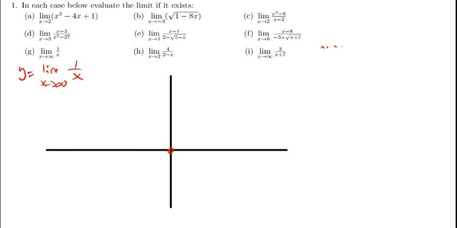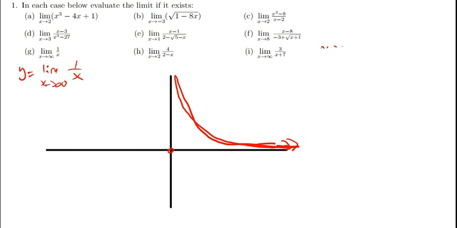Okay, so when we're talking about positive infinity, we are going this side. As we are getting closer to positive infinity, the value of y gets smaller, which is going to be 0.